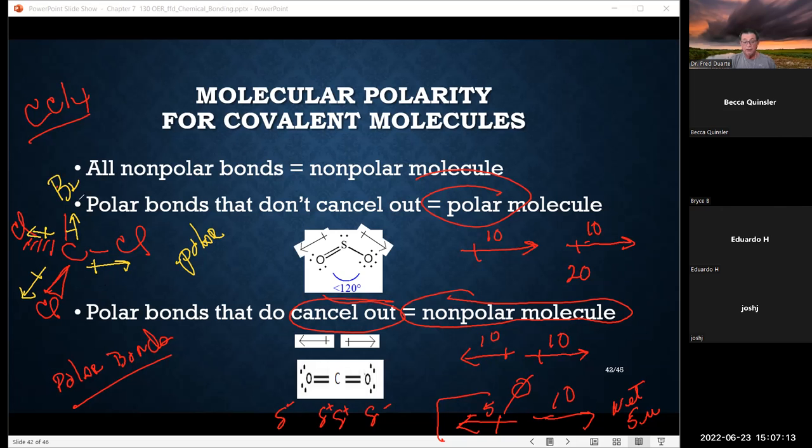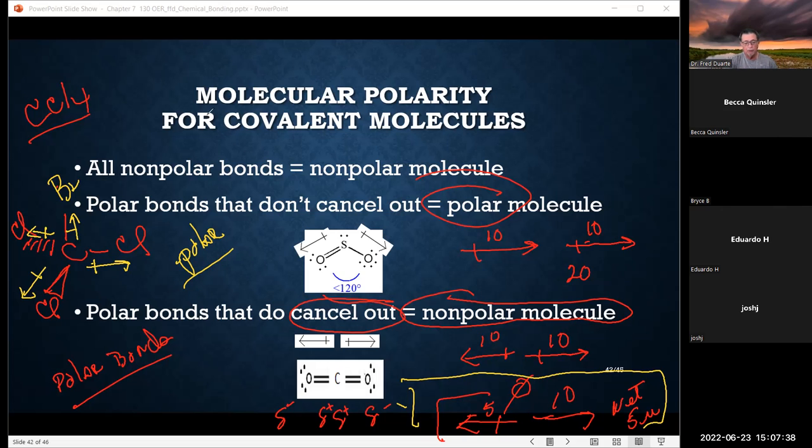Guess what? I have 4 polar bonds, but there's a different magnitude of polarity on each bond. The magnitude of 3 would be different from the magnitude of 1, so I would still have a net polarity left over, and I will end up with a polar molecule.